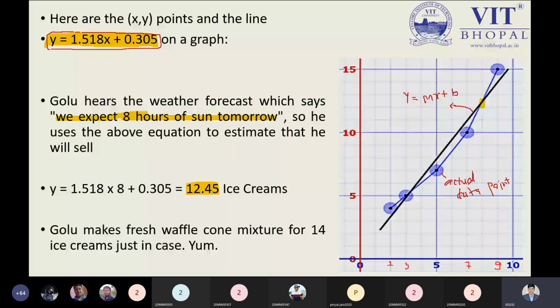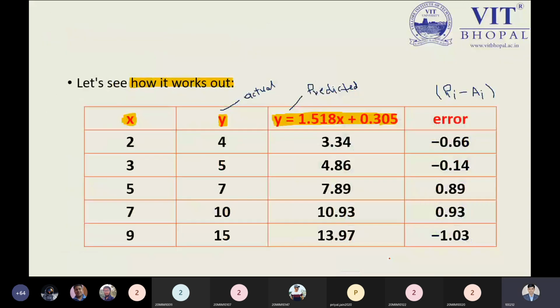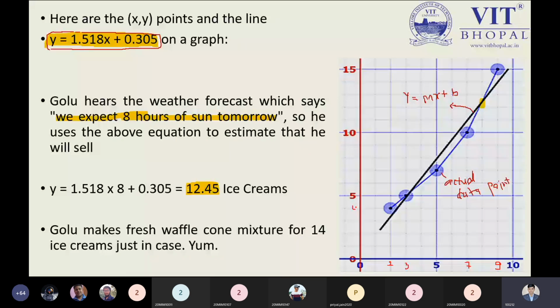So with respect to the x values, we are getting the actual values of y. With respect to 2 we have 4, so this is lying on the 4. That is the point you have to understand. And with respect to 3, we have 5.